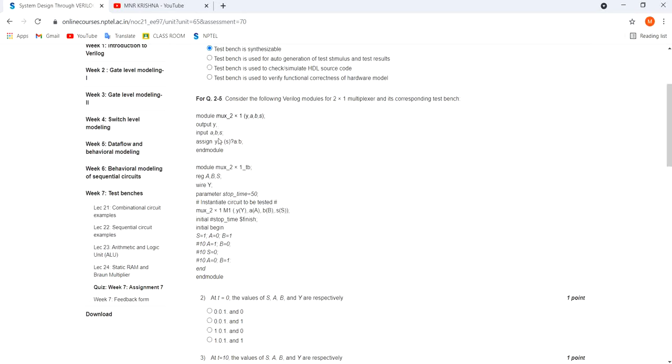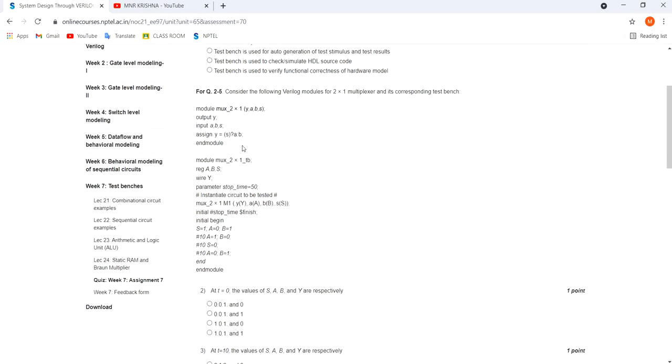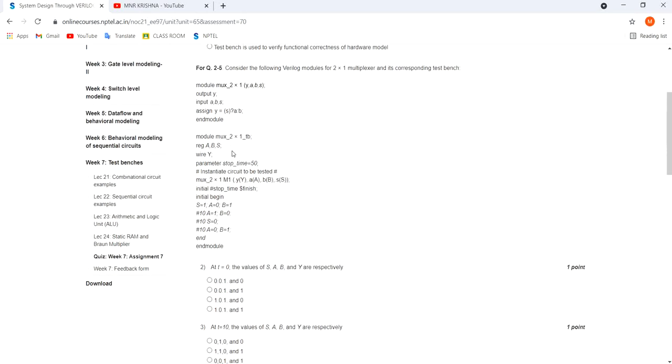Here Y is the output, A, B and S are the inputs, and assign Y is equal to S conditional statement with A and B. This statement gives you that if S is equal to 0, Y will be B, or if S is equal to 1, S selects A, that means the output will be Y is equal to A. Like that the 2x1 multiplexer works.